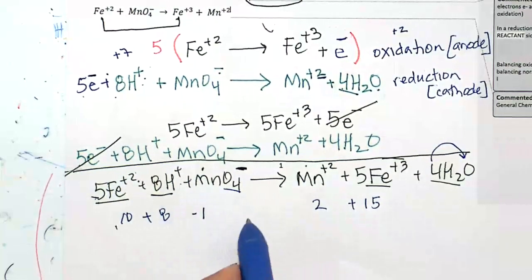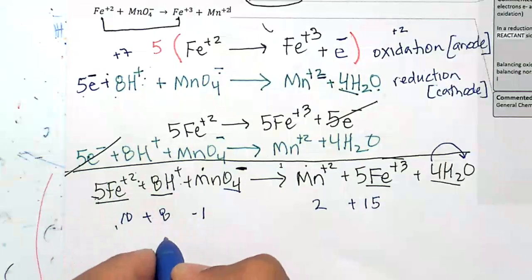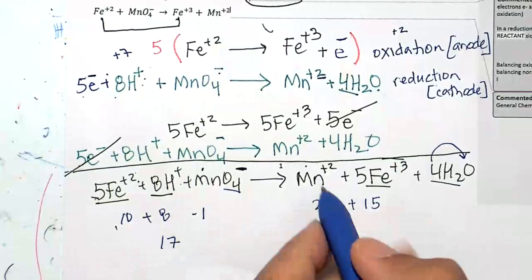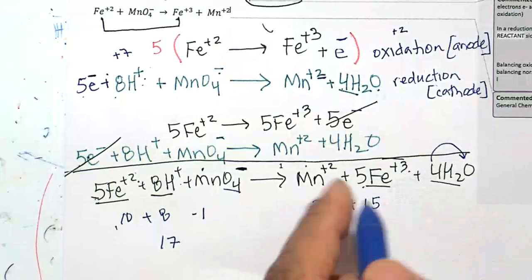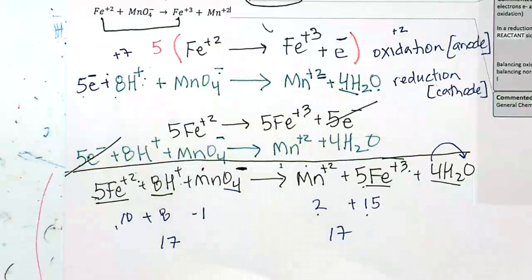5 times 2 is 10 plus 8 minus 1 on the reactant side gives us 17. 2 plus 15, 5 times 3 on the product side gives us 17. This is balanced.